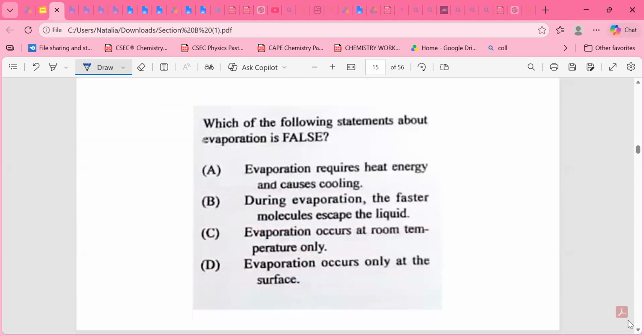Which of the following statements about evaporation is false? Evaporation requires heat energy and causes cooling.